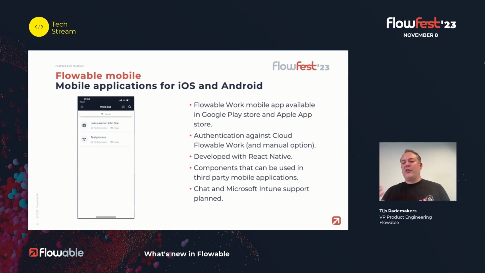So now we, out of the box, use our cloud work as the main application to use the mobile application with. And the authentication automatically goes through the Microsoft authentication that we also use in our web environment. You can still configure custom URLs if you want to, but now the out-of-the-box experience with the cloud environment is just there automatically.